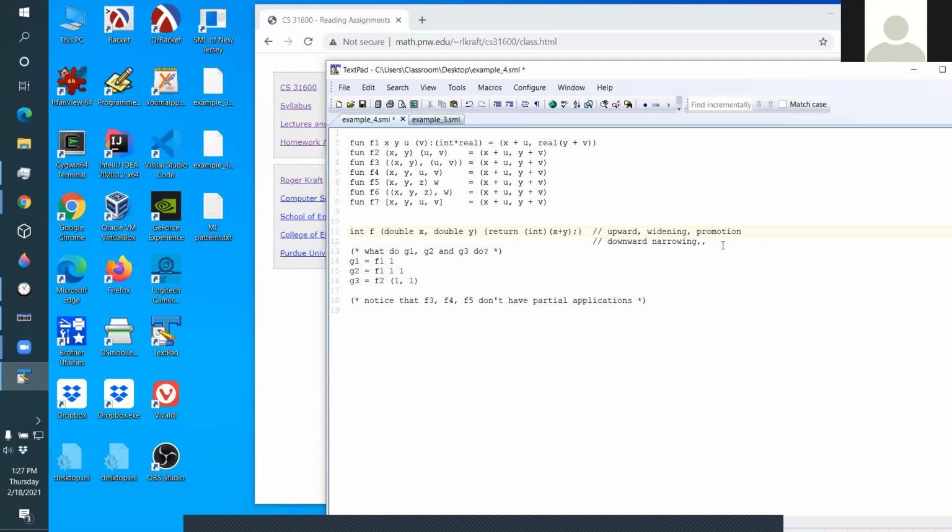Downward, narrowing. I've never seen anybody use the word demotion. Casting something into a double is called upward, widening, or promotion. Casting a double to an int is called downward or narrowing. I've never seen it called demotion. Okay, so right now, let me type that more carefully.